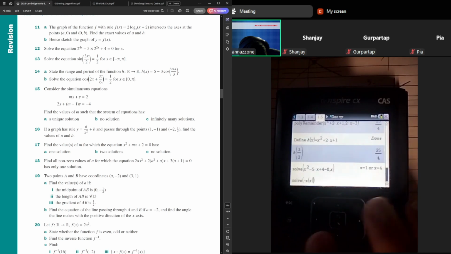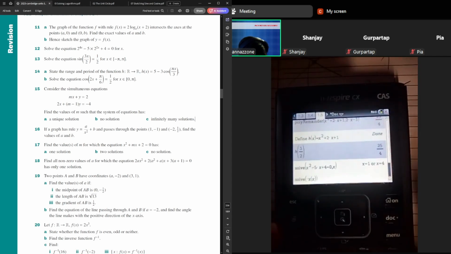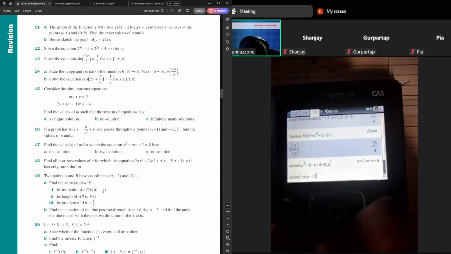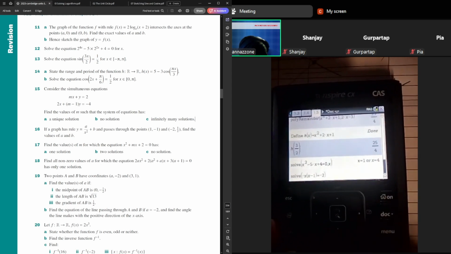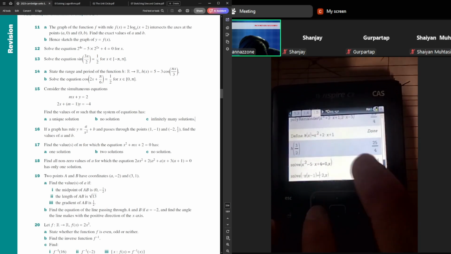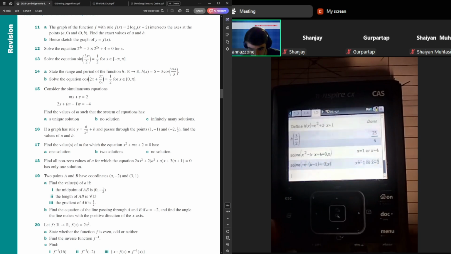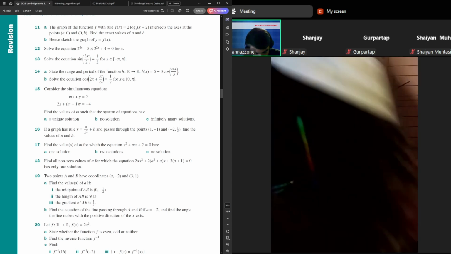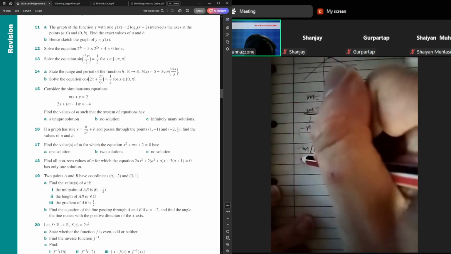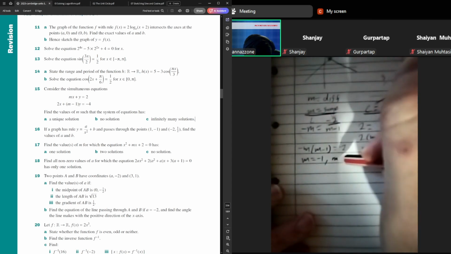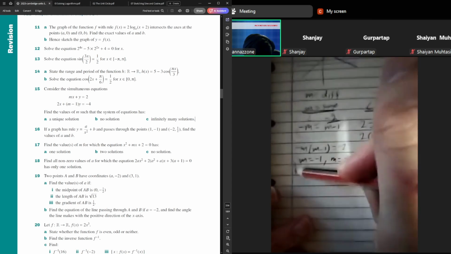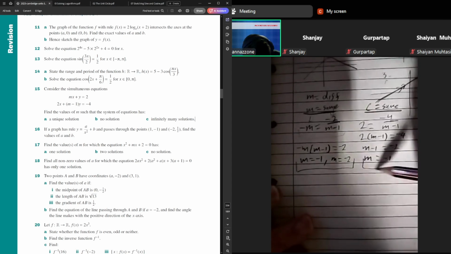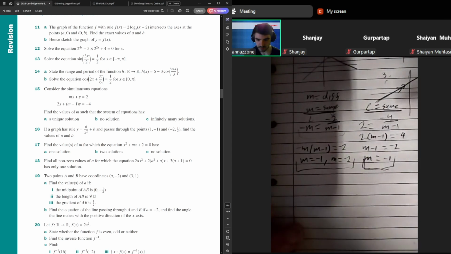Minus x times x minus 1 is equal to minus 2. Okay, negative 1 and 2. m equals minus 1, m equals minus 2. These are the solutions for gradient same. These are the solutions for y-intercept same.